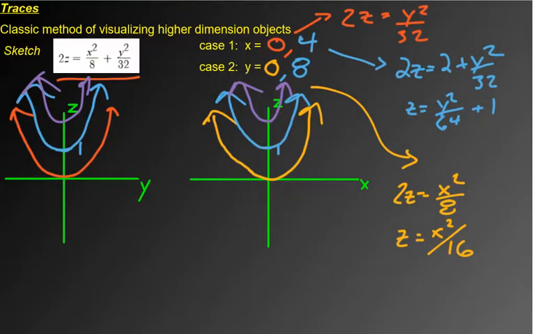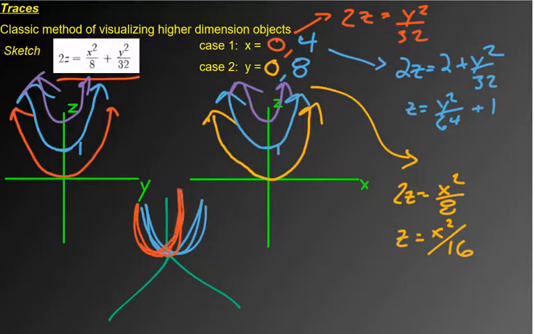And so we're basically getting parabolas in the zy plane, and we're getting parabolas in the xz plane.